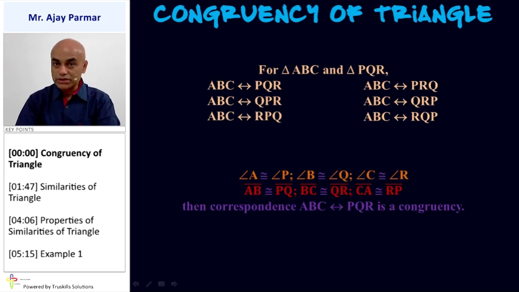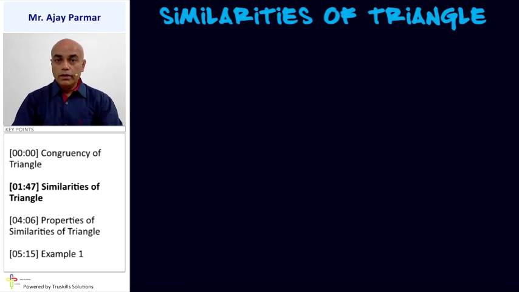But that was about congruency. The practical meaning of the congruency means not only the shape, but the size also would be exactly identical. Whereas when we consider similarity of triangles, there is a slight difference.